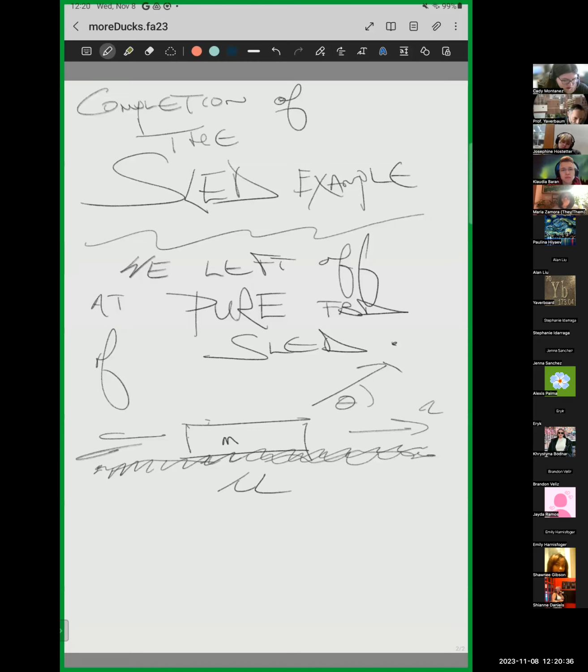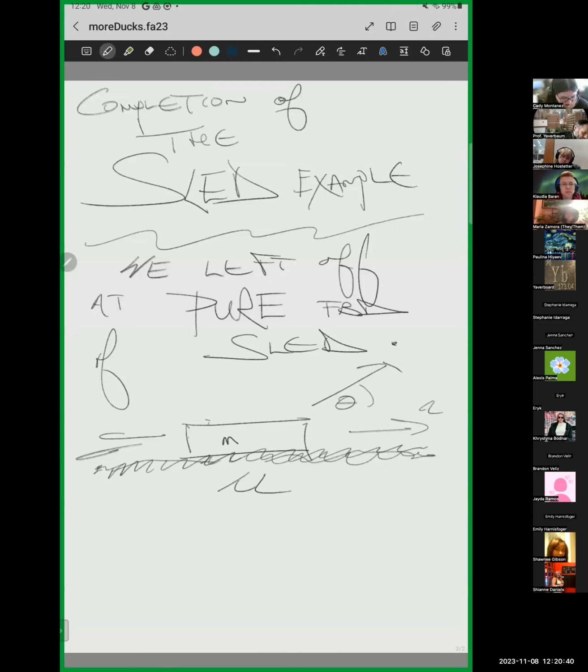Okay, so that's the situation. And the goal of the problem, given these knowns, was to compute the magnitude of the acceleration A, right? So this was the problem that we've been talking about for like 3 days now.